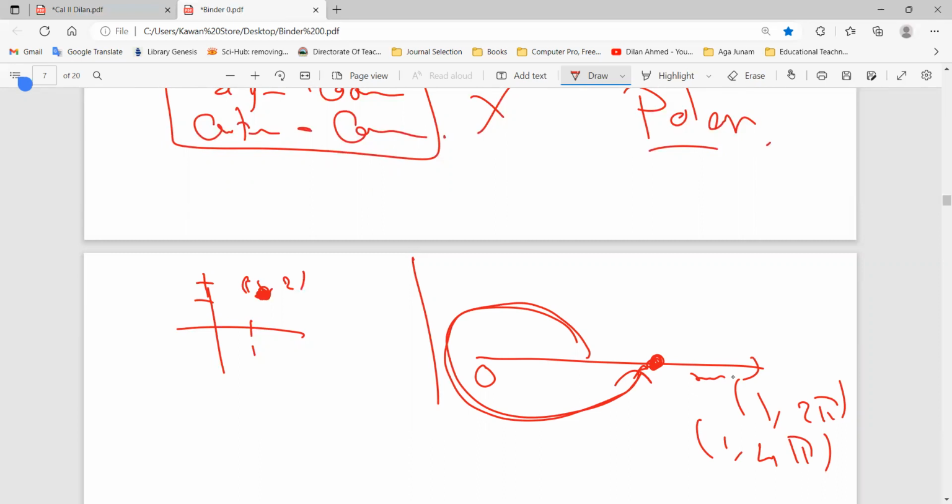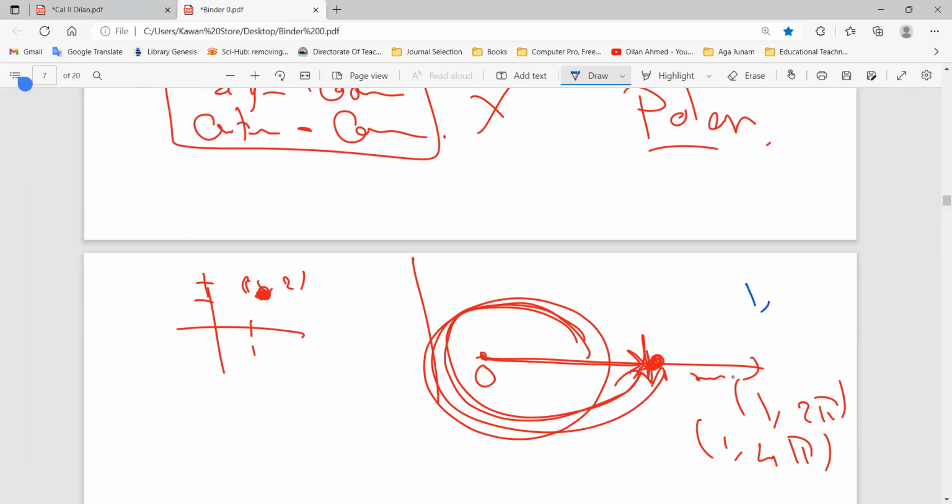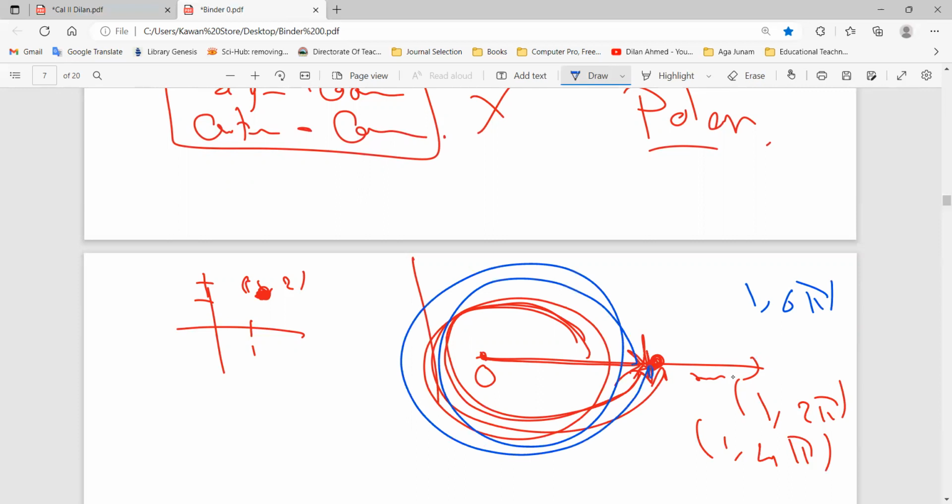The same, right? 1 unit from the origin, and 4 pi. So 2 pi, 4 pi, how about 6 pi? The location is the same. So the point here is not unique. That's why students say it's not easy. But if you understand from the beginning, it's easy.